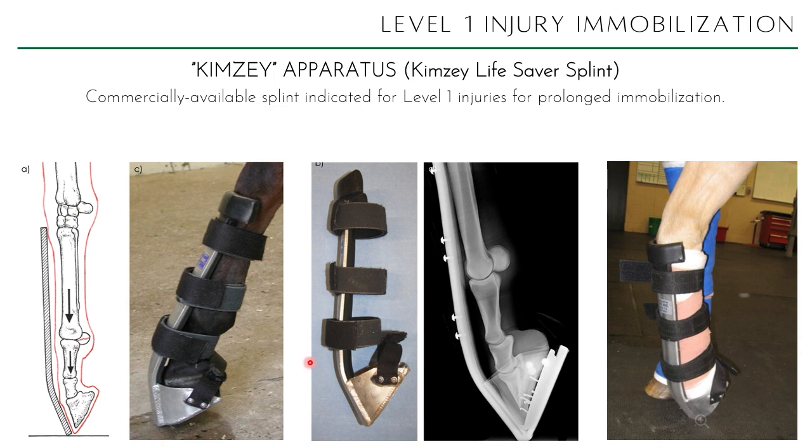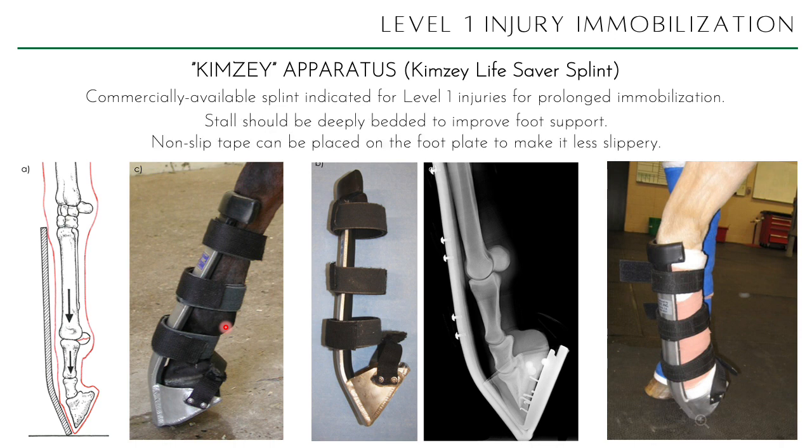Now, what is very important with the Kimsey is that since the horse will try to bear weight on it, you have to make sure that apparatus will not slip. So in whatever kind of bedding the horse has, you could make sure that the stall is deeply bedded. Or a non-slip tape, like they put a sock here.